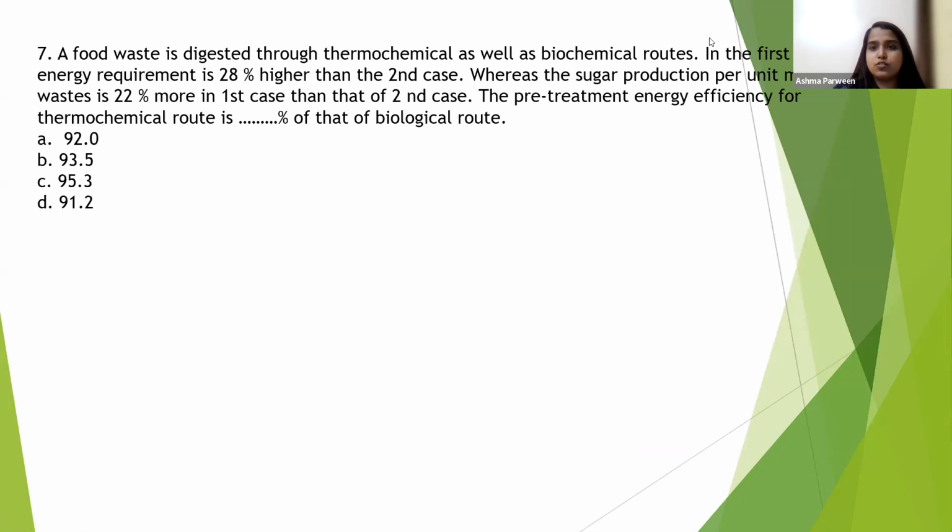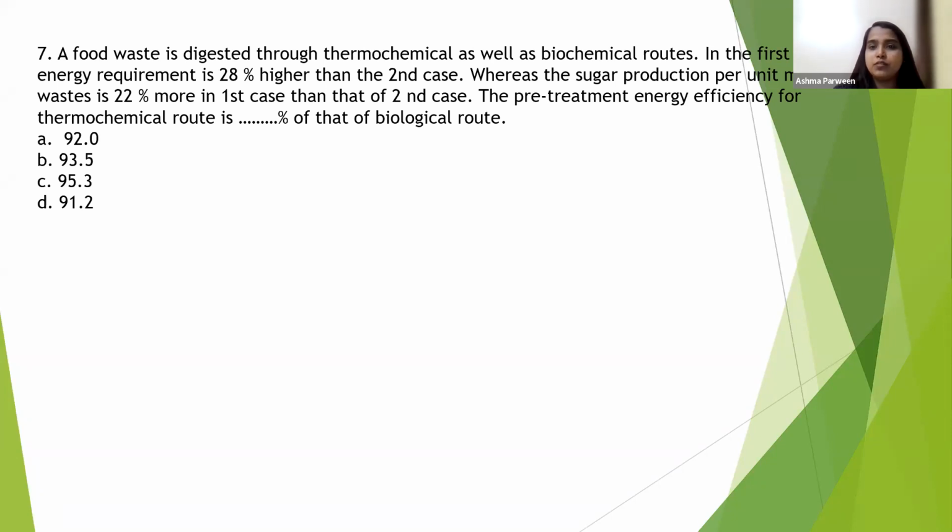So the next question is also a numerical. The question says a food waste is digested through thermochemical as well as biological routes. In the first case, the energy requirement is 28% higher than the second case. That is, the energy requirement in the thermochemical process is 28% higher than the biochemical route. Whereas the sugar production per unit mass of food waste is 22% more in the first case than in the second case.